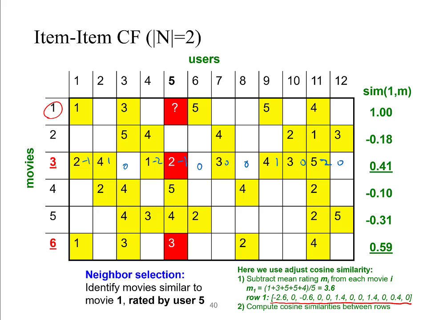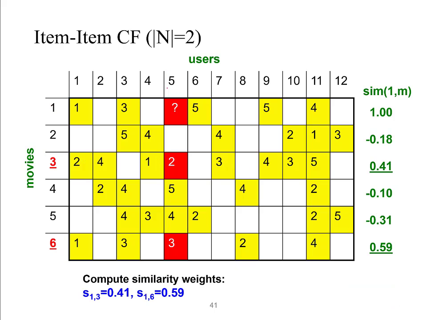Then apparently movie 3 and movie 6 are considered similar movies to movie 1, where we will use the ratings of movie 3 and movie 6 by user 5 to compute the similarity weights.